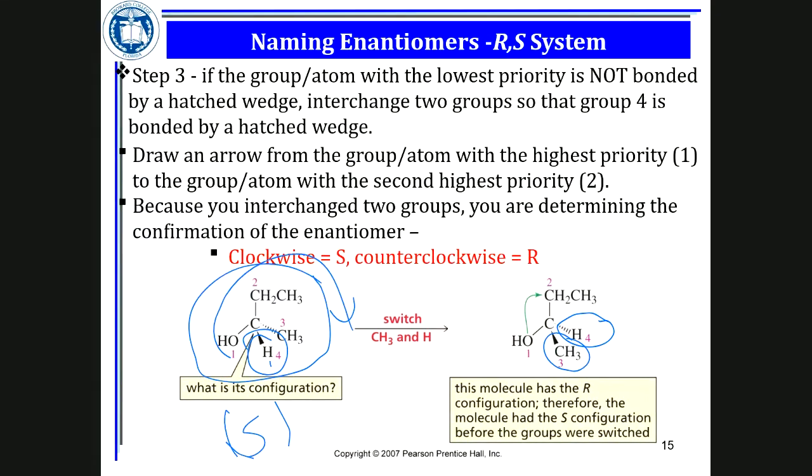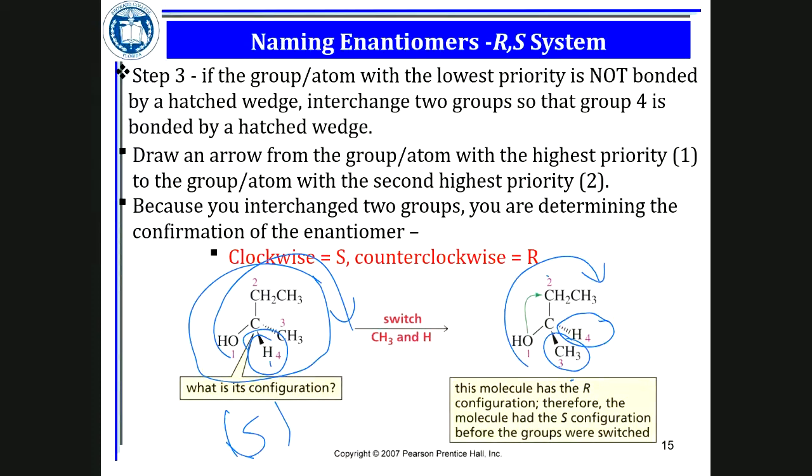If hydrogen goes away and methyl comes toward you, now you determine: you move from priority 1 to 2 to 3 and it is clockwise for the changed molecule. This is one switch, meaning you take one of these groups that was coming toward you and you take it back.